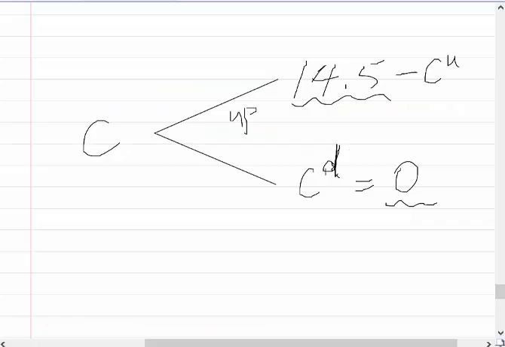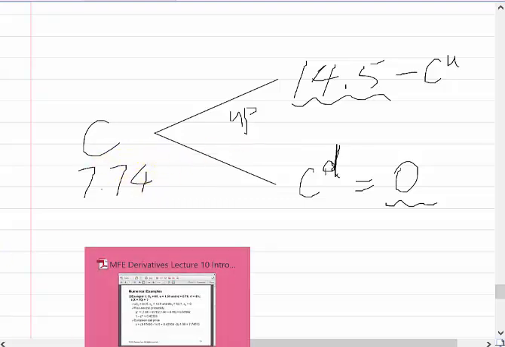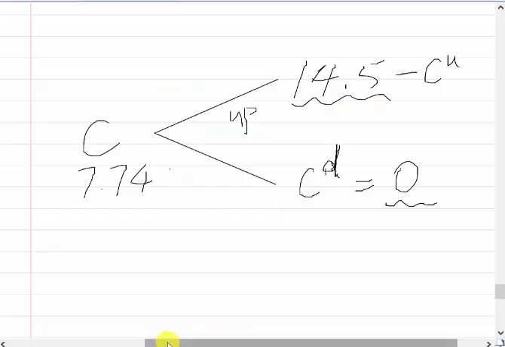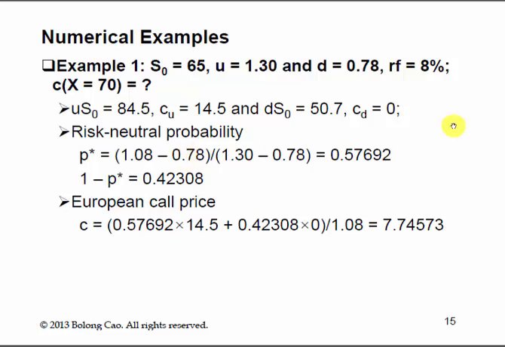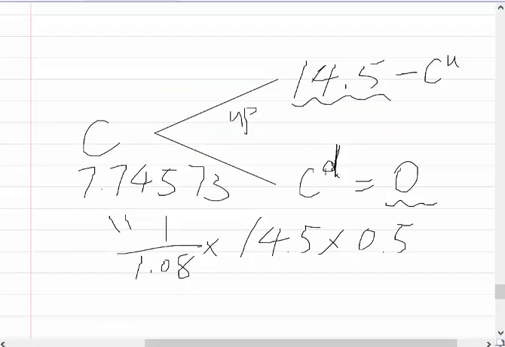That's the call premium according to the binomial formula. Now to complete, we basically have here 7.74573. This comes from 1 over 1.08 times 14.5 times the risk-neutral probability, 0.57692.